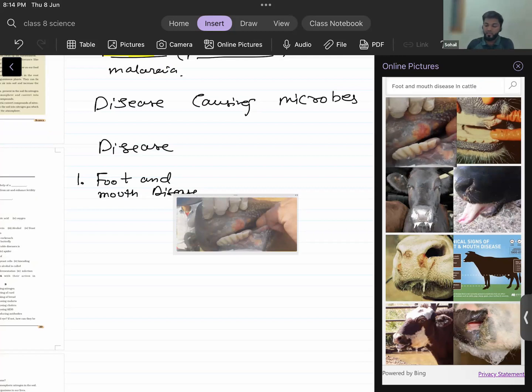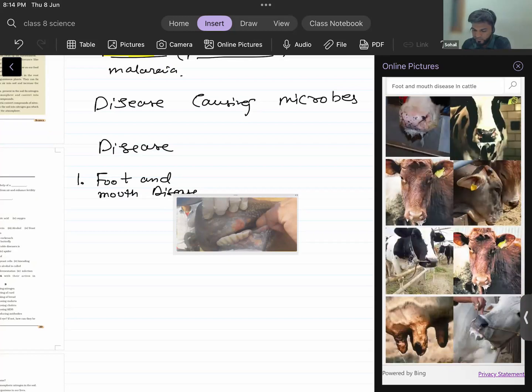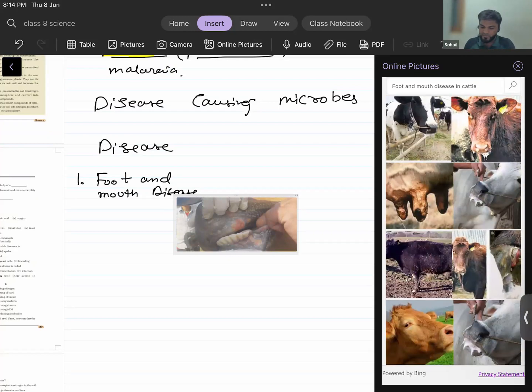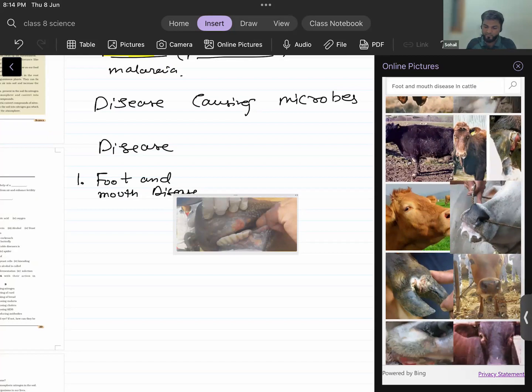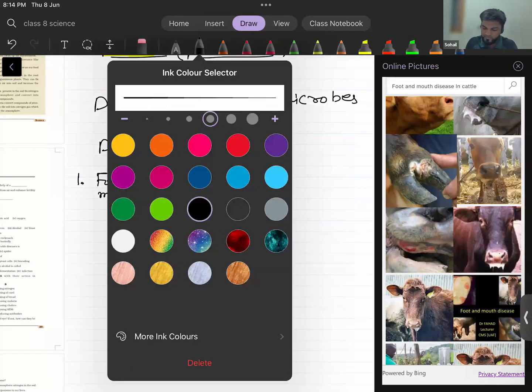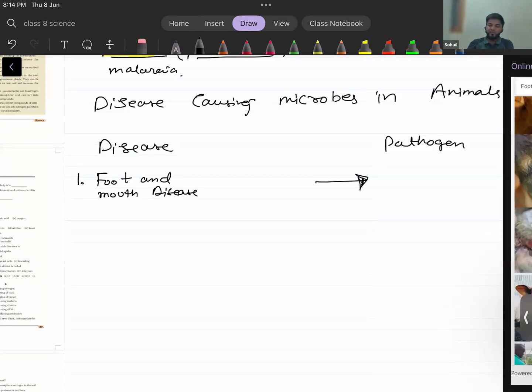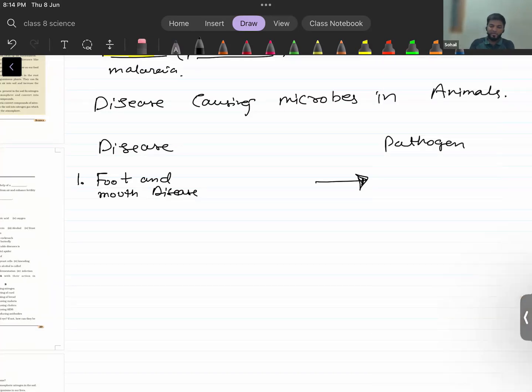See this figure, how their foot has been infected. I will attach the figure in the next class.